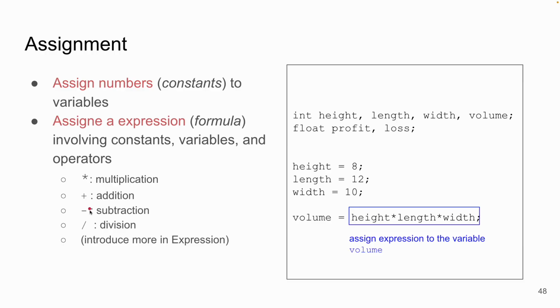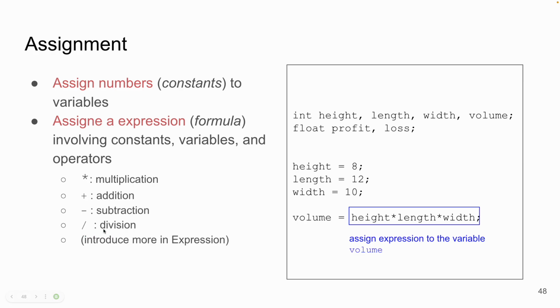Similarly, if you write down the minus symbol, then this is subtraction. You can subtract one number from another number. And then we have division. Division in C code looks like this, the slash. So you can divide 10 by 5, and the result will be 2.